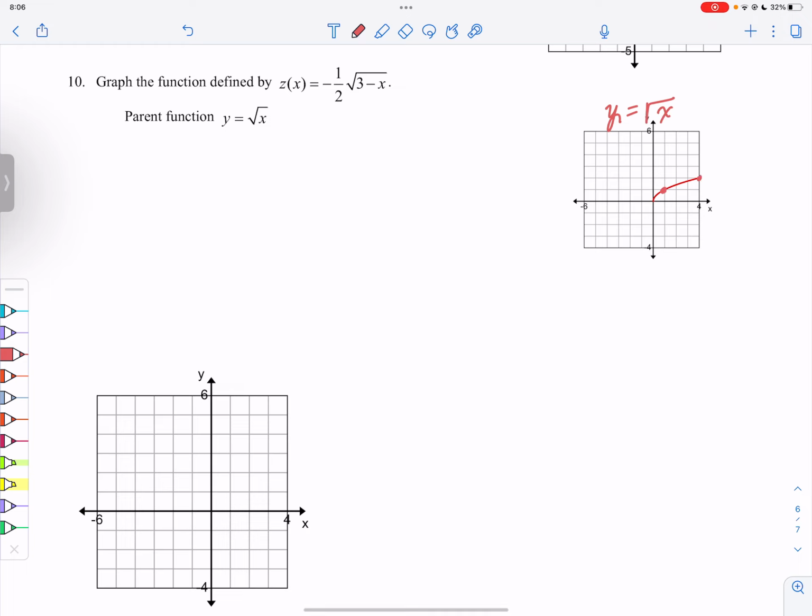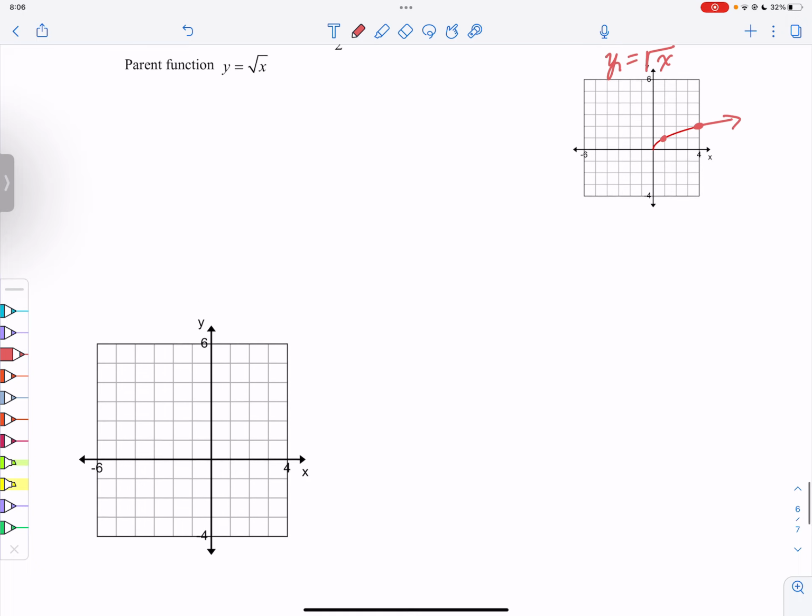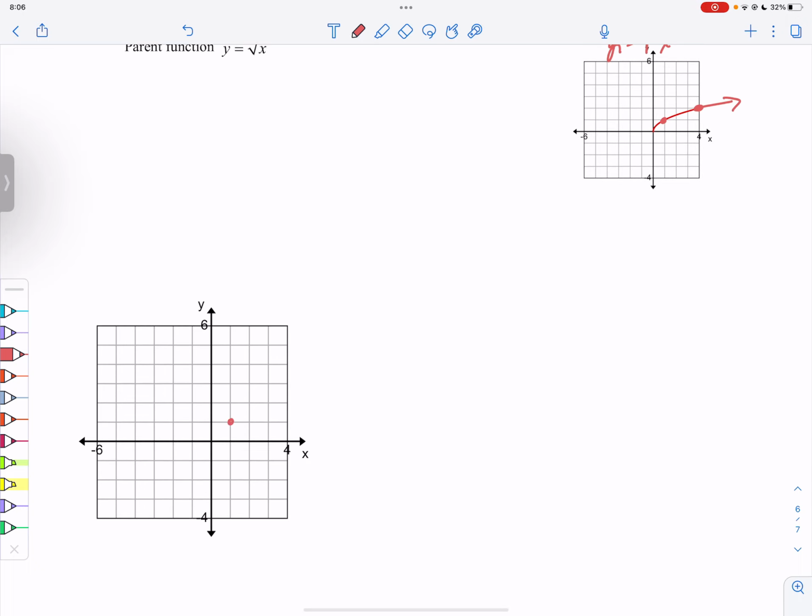There's 1, 1, 4, 2, and so forth. Okay? And we could actually put that over here if you'd like. And that's that parent function.